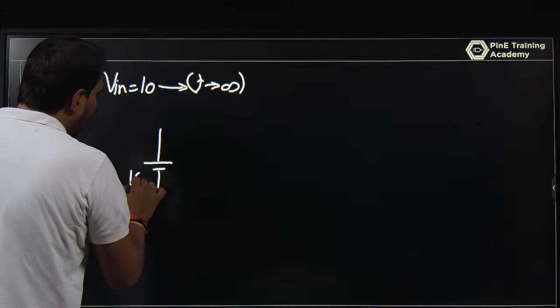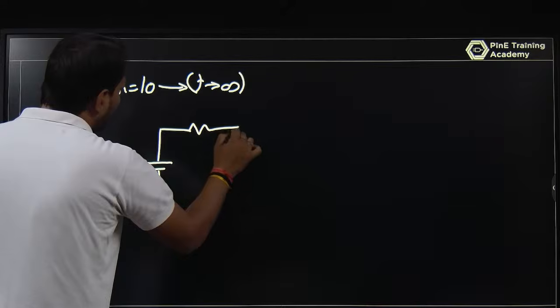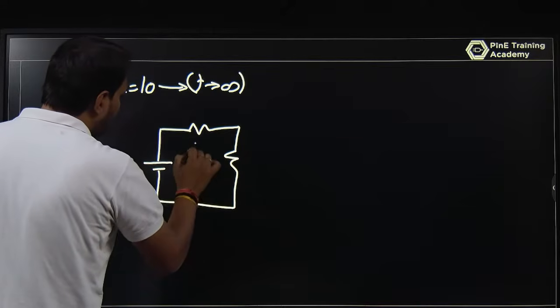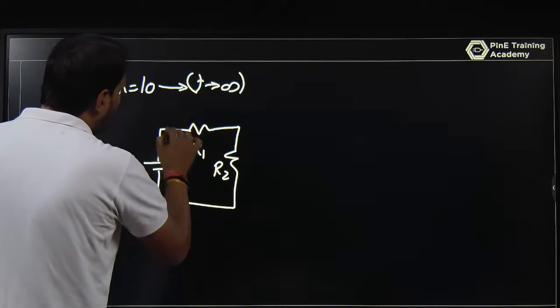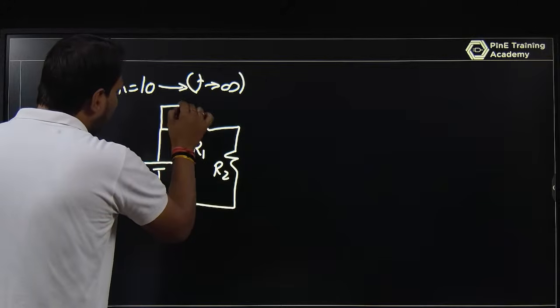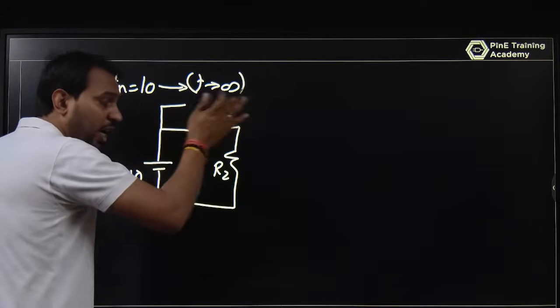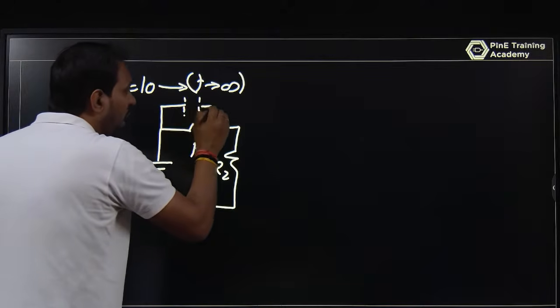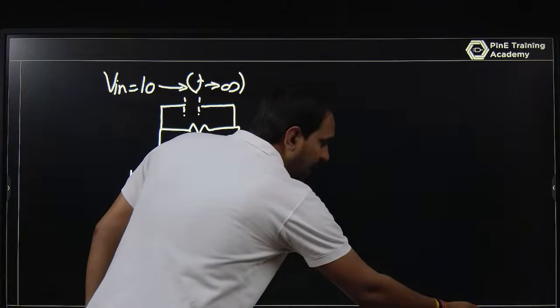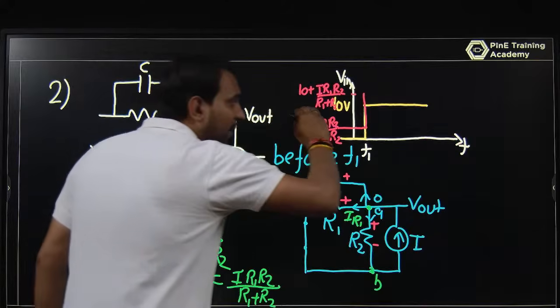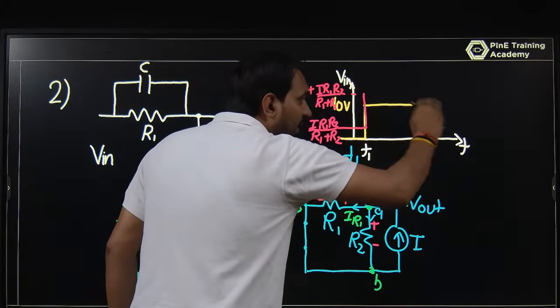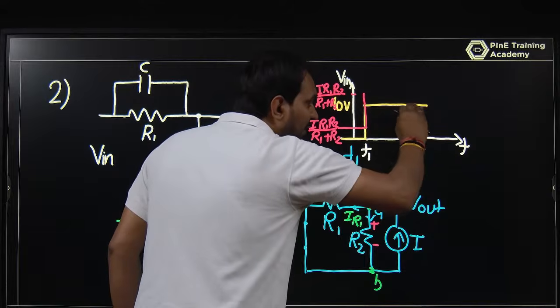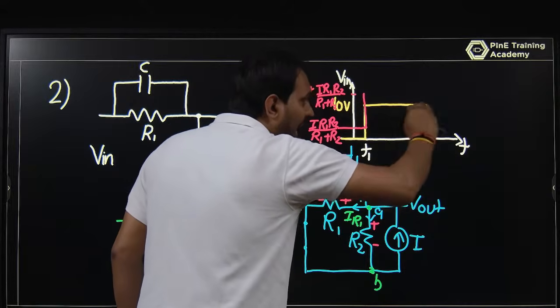You have a 10 volt source, a resistor here, and a capacitor. In steady state, meaning t tending to infinity, frequency is 0, and the capacitor acts like an open circuit, since the input voltage remains constant. This is a DC value, and at DC in steady state, the capacitor acts like an open circuit.